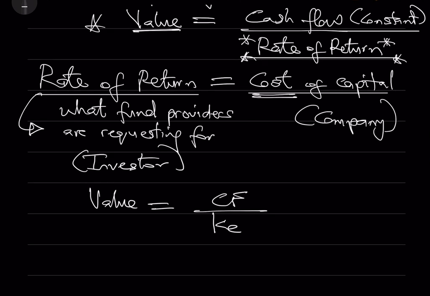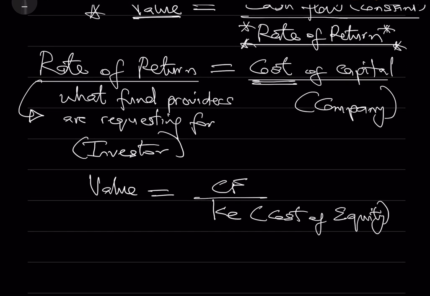So our KE is cost of equity. Take note. And the cash flow we are talking about here is the dividend per year, the annual dividend.